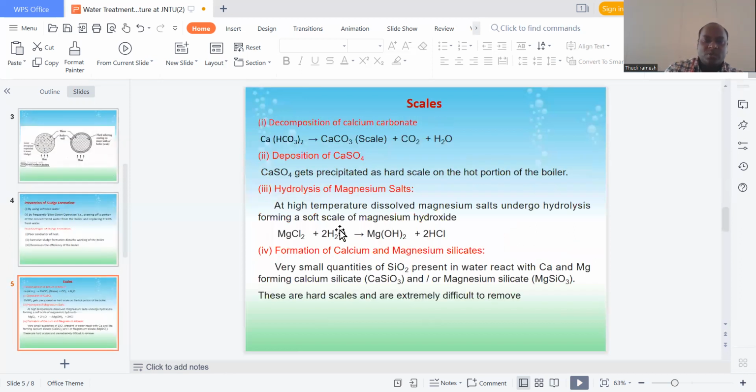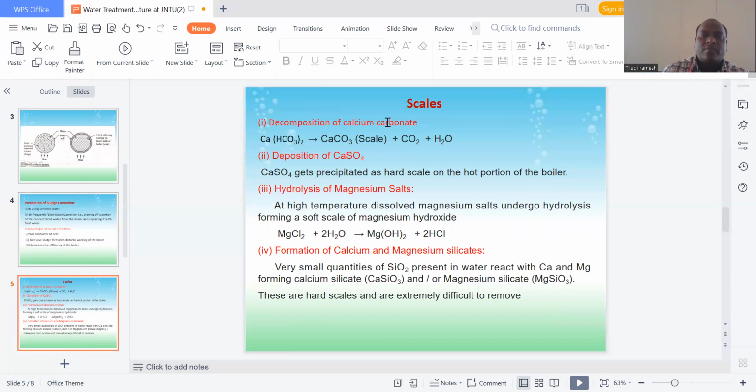Then what are the causes for this? Which substances are responsible for the formation of scales? The first one is decomposition of calcium bicarbonate. Calcium bicarbonate gives calcium carbonate plus carbon dioxide and water.